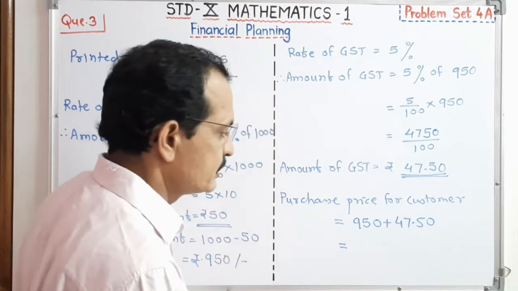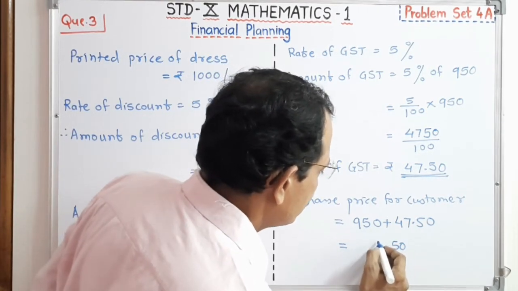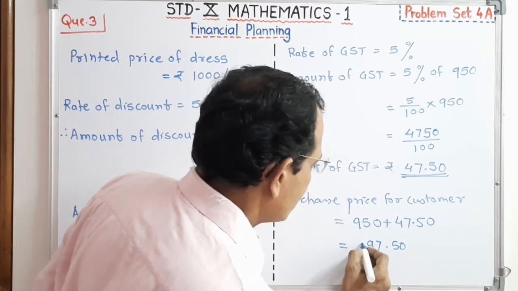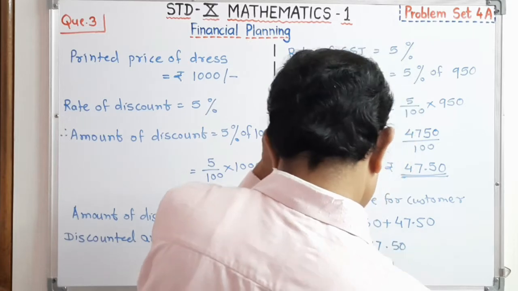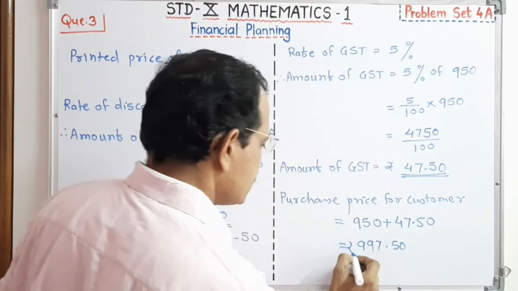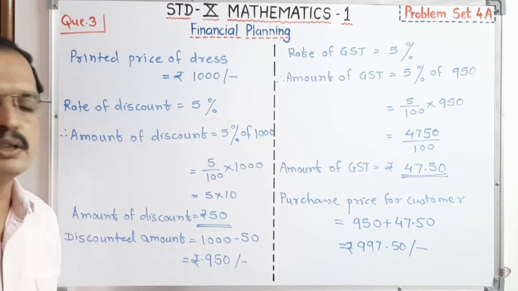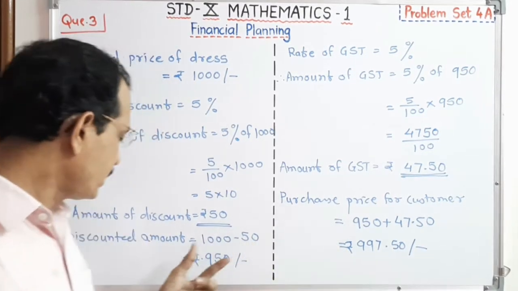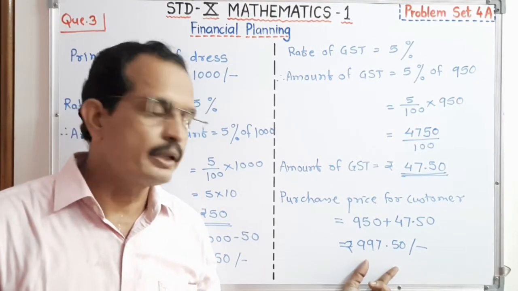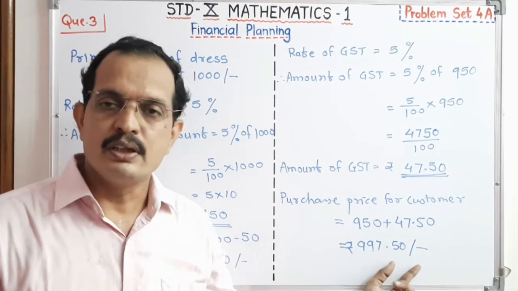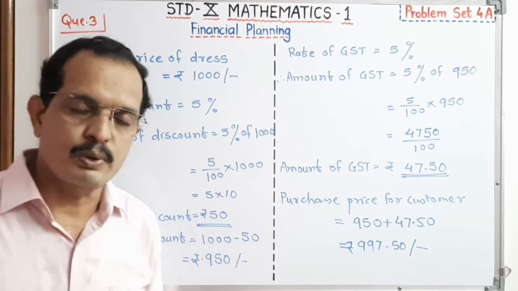If we add this, then it is rupees 997.50. This much amount he has to pay to the shopkeeper.